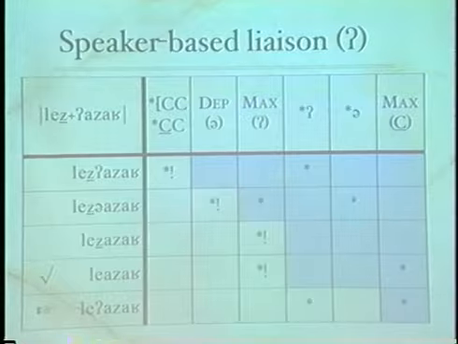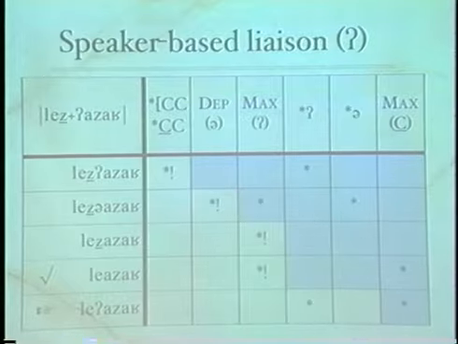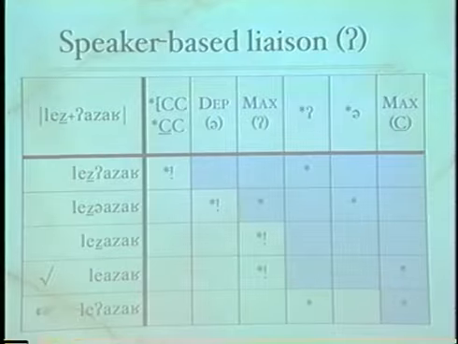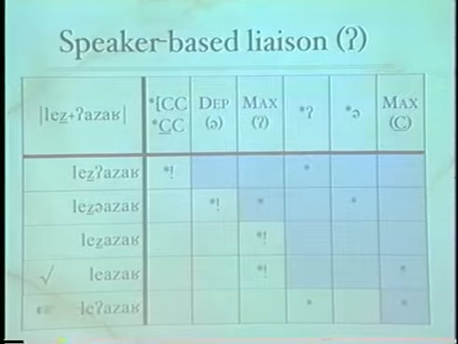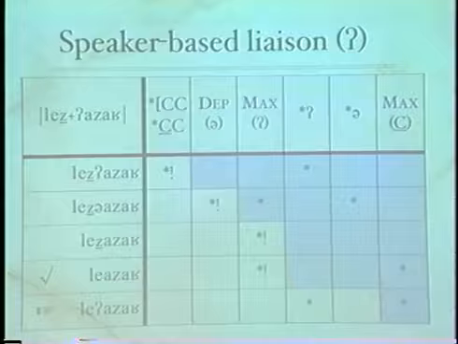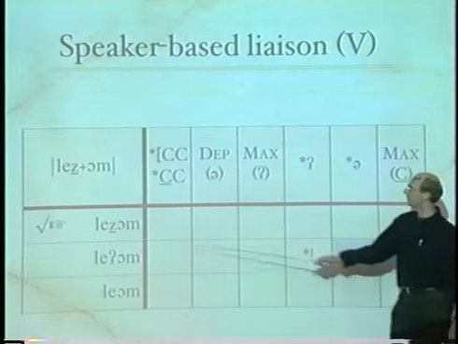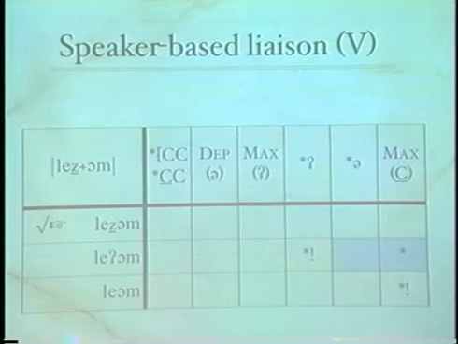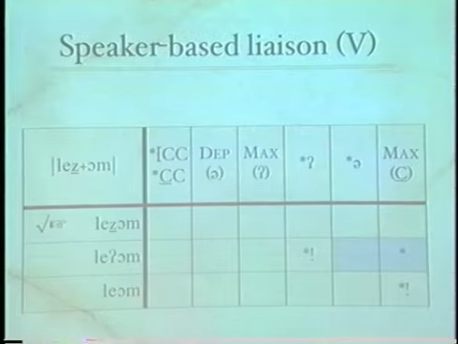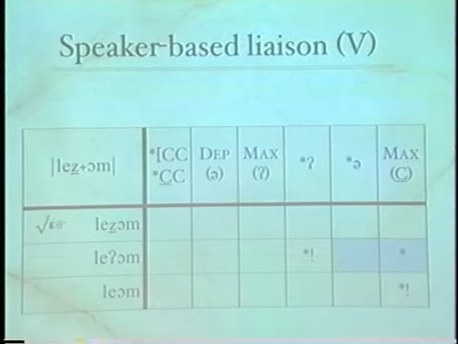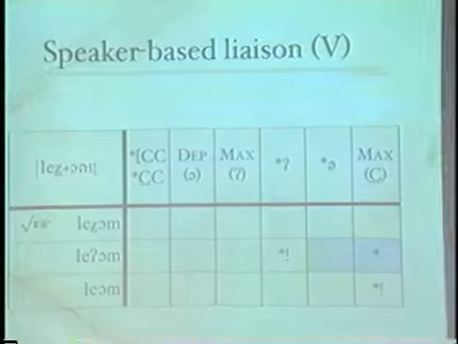It makes a difference between les hasards and les hasards. Les hommes and les hasards. And speaker-based liaison, for the vowel, you get les hommes, and les hommes violates nothing. That's the first candidate. And everything else either deletes something, or inserts something, or pronounces something that you don't want to pronounce. So that's the winning candidate.